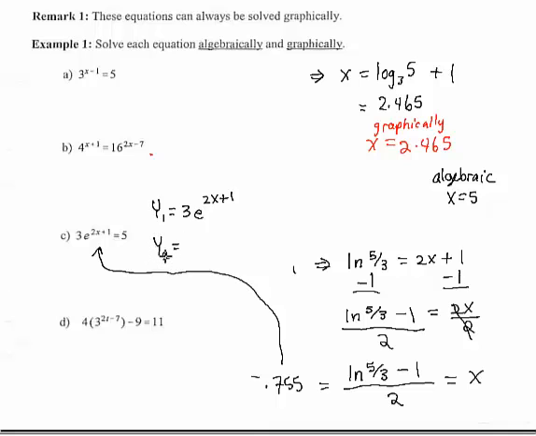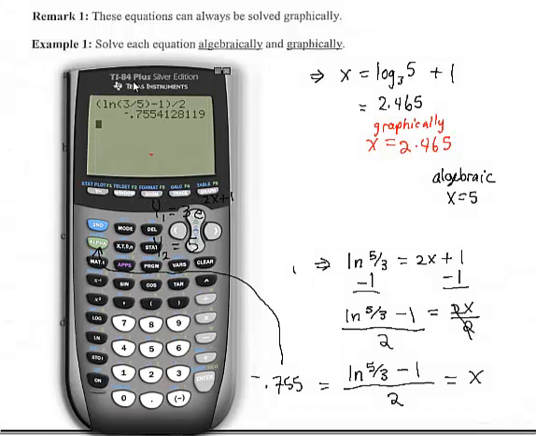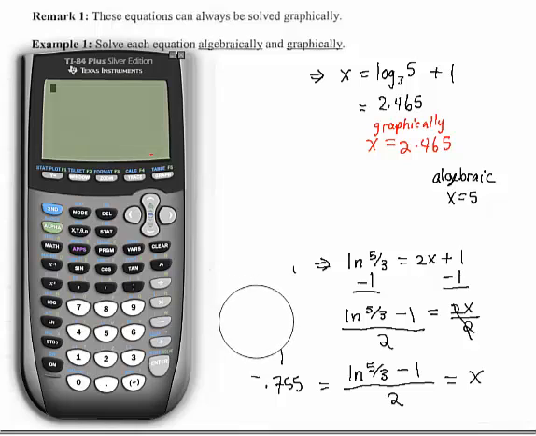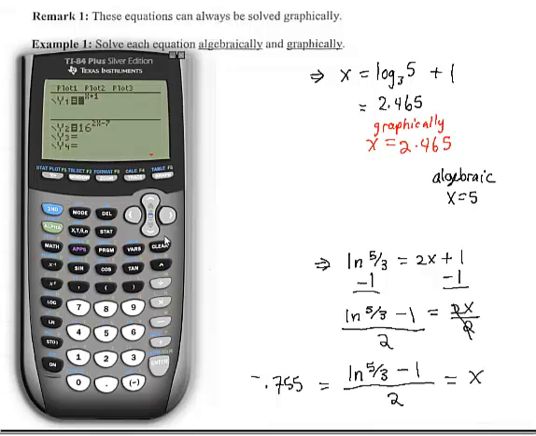And in our y editor, we would have y2 equals 5. So bringing up our calculator once again. Okay, I'm going to clear this so we can see our calculator a little better. Clear out the previous entries in y1 and y2.